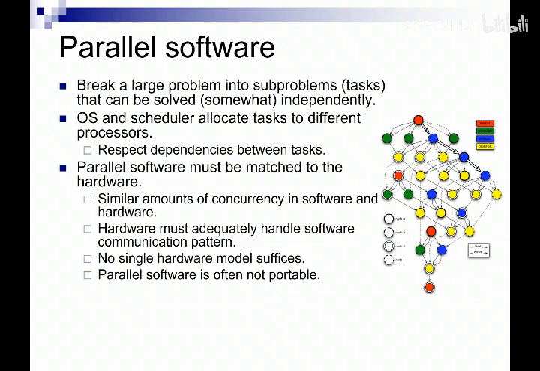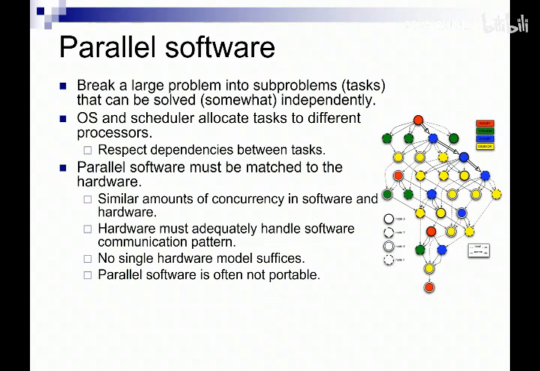Something else is that the hardware has to be able to support the communication pattern that the software requires. Different programs have different communication patterns. Some programs might be quite simple, and you could arrange the tasks on a line, and then each task only needs to communicate with 2 other tasks, its neighbors on the line.